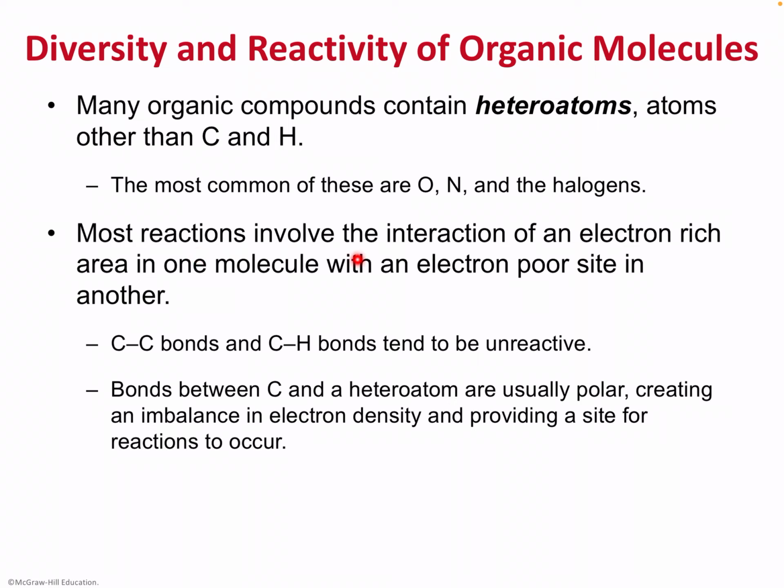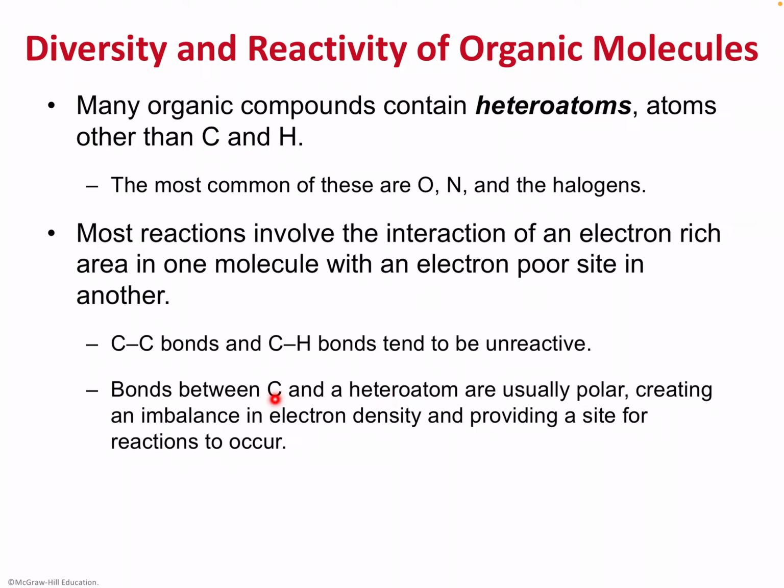Most reactions involve the interaction of an electron-rich area in one molecule with an electron-poor site in another. Carbon-carbon bonds and carbon-hydrogen bonds tend to be unreactive normally. If you take a carbon-carbon bond or a carbon-hydrogen bond, they are unreactive. Now, bonds between carbon and a heteroatom. What are the heteroatoms? Could be oxygen, nitrogen or halogens.